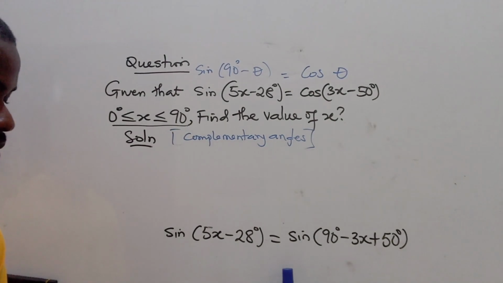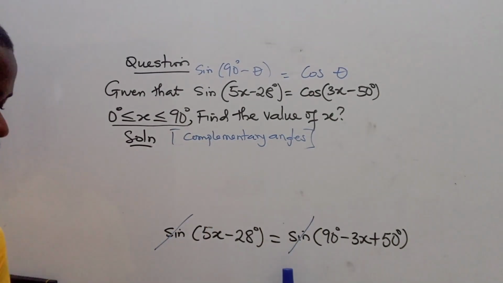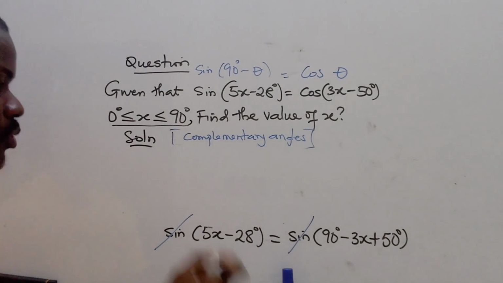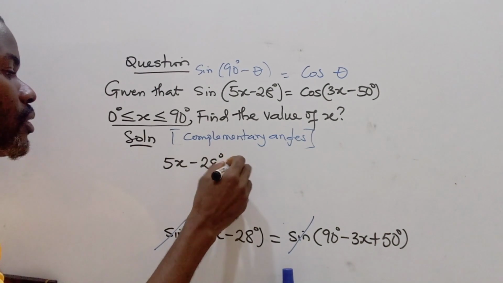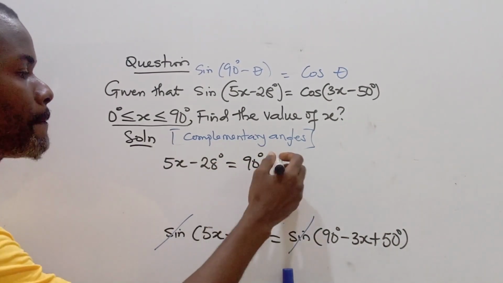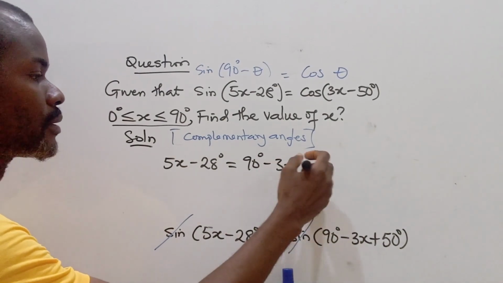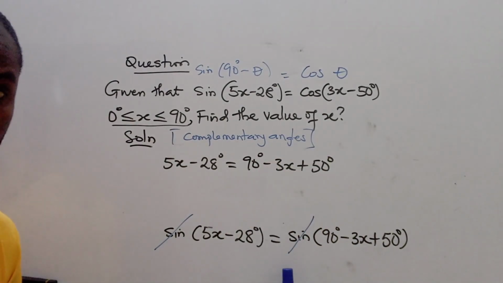From this, sine can cancel sine, so we are left with 5x minus 28 degrees is equal to 90 degrees minus 3x plus 50 degrees.